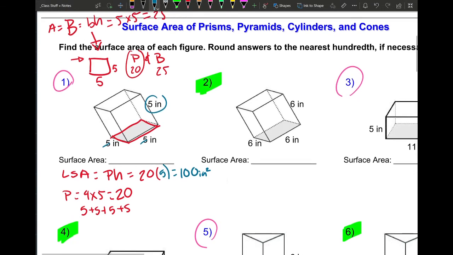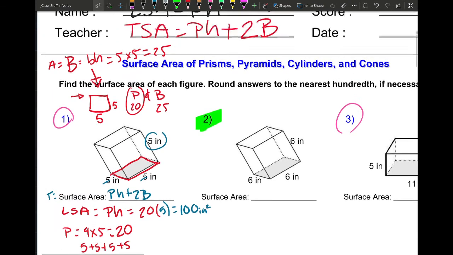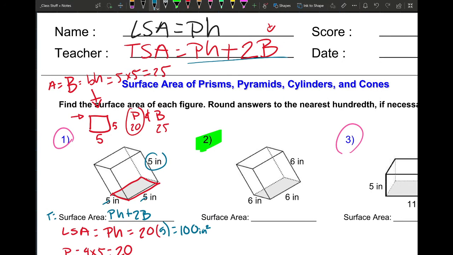Now for the total surface area, total is going to be PH plus 2B. That's the formula. Now if we look at this closely, PH is 100, correct? We already found it. So we can just substitute that.